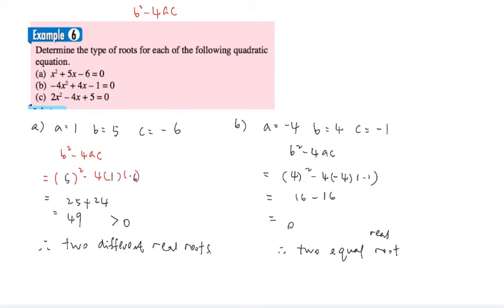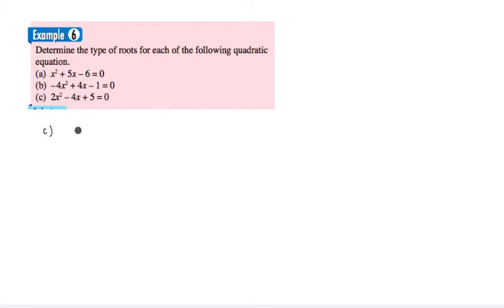Now C. a equals 2, b equals negative 4, c equals 5. Again, because the question asks you to determine the type of root, I start with the discriminant. Is it positive, negative, or equal to 0? b squared minus 4ac: 16 minus 40.